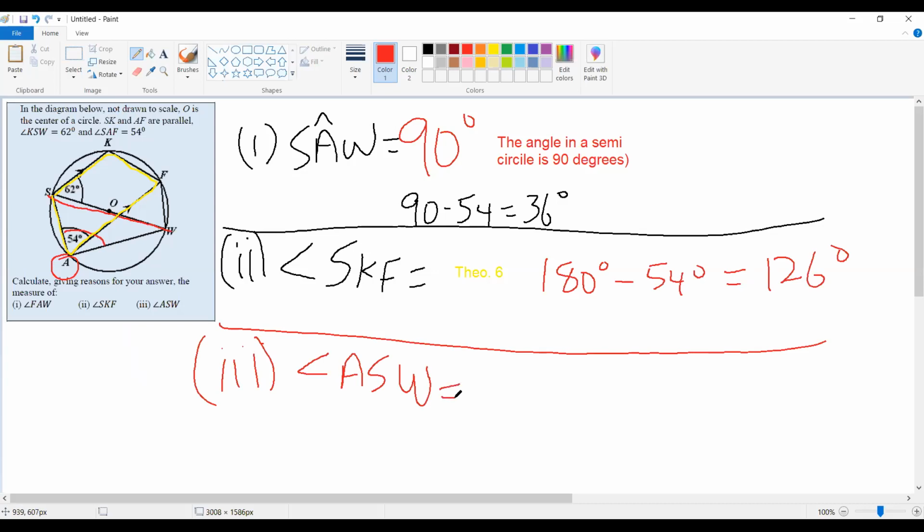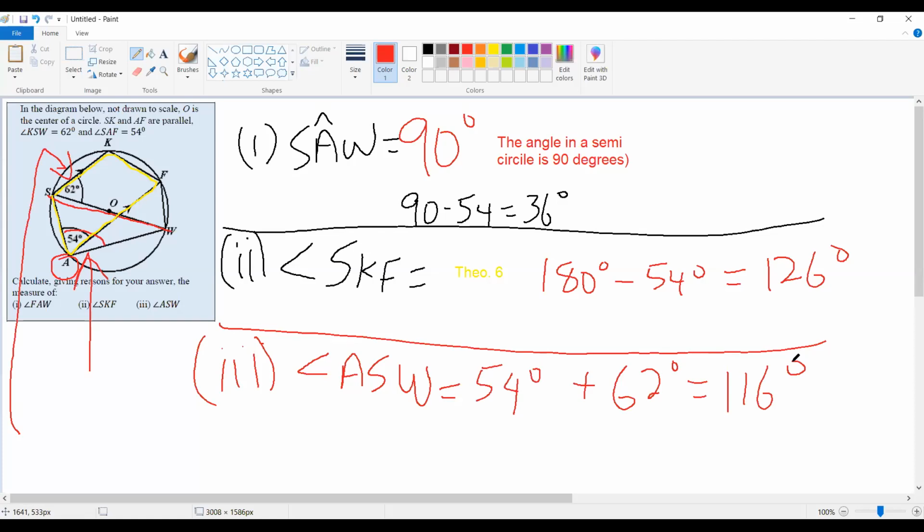So ASW will be the 54 degrees that we were given, that's this 54 here, plus 62 degrees, that's this here, which is how much? 54 plus 62 is how much? 116. So it is therefore 180 degrees.